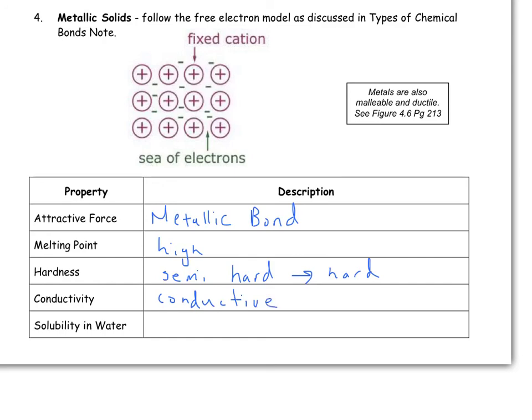In terms of solubility in water, we have to attract one of these cations to a slightly negative oxygen on a water molecule in order for this metal to dissolve. Now, let's compare what's holding it. Here, I have a full charge and slight charge attraction, so that will be an ion-dipole attraction. And then here I have a full charge attraction.